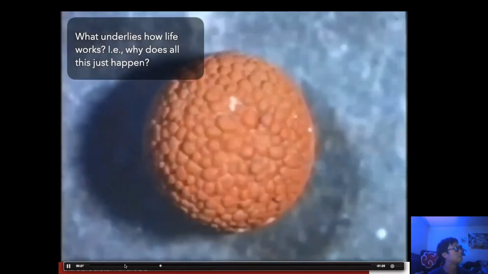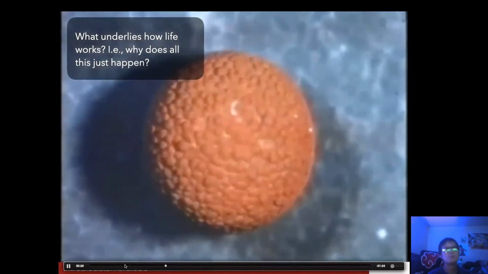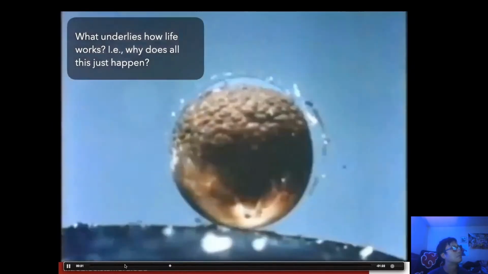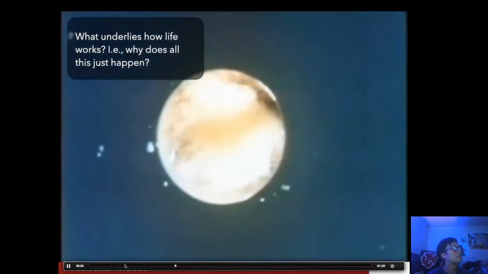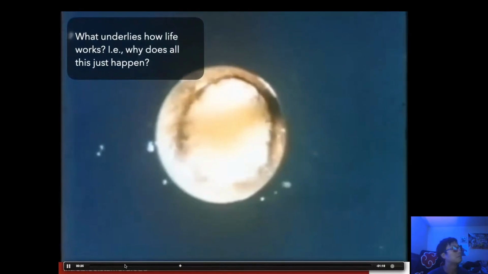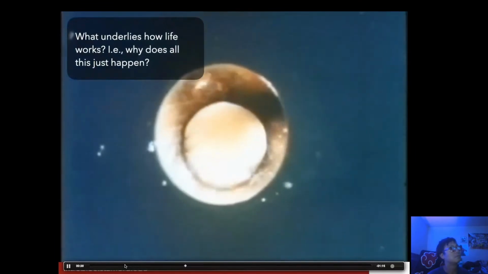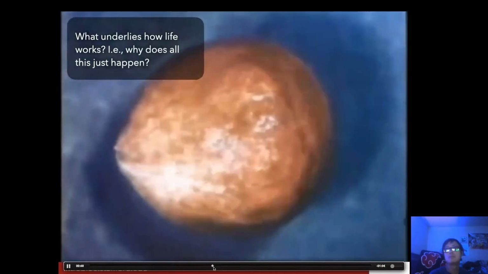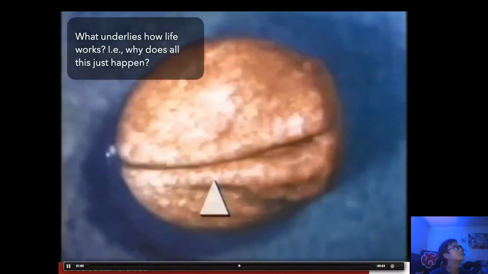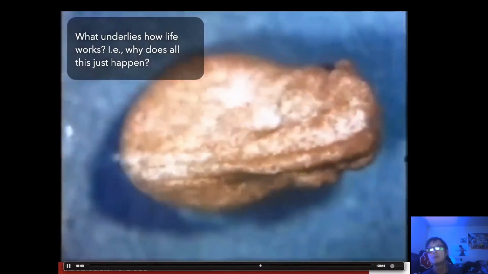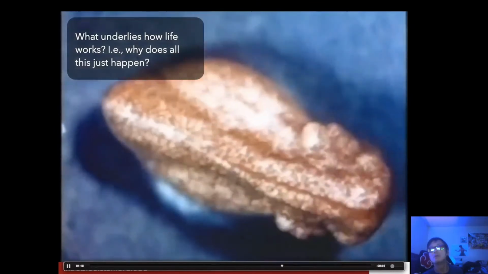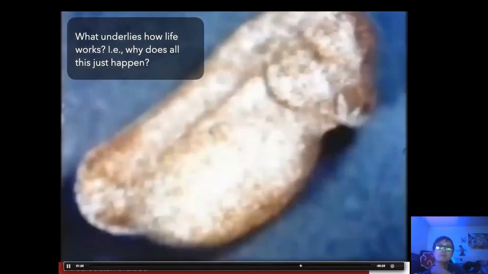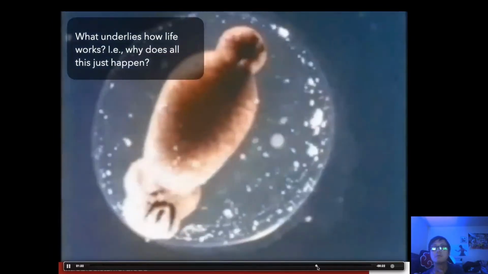Look at what's happened now. Just keeps going. Why is this happening? We fast forward, we start to see forms and shapes appear, starting to look like the body plan of an animal.